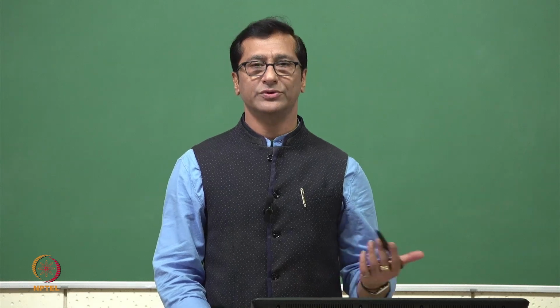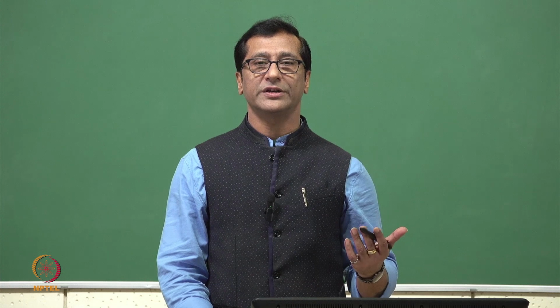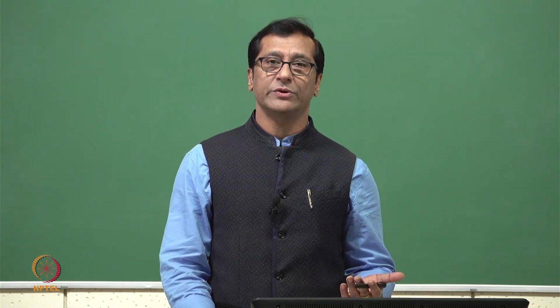For simplicity, I am choosing here two objectives. One is delta T, the temperature rise. This is the oil flow. Now here we are multiplying with alpha 1 and beta 1, alpha 2 and beta 2. So this is the formulation of the problem. Now what are alpha 1 and alpha 2? They are weighting factors. In the previous lecture, on the previous slide, I mentioned the weights, and the summation of the weighting factors should be equal to 1.